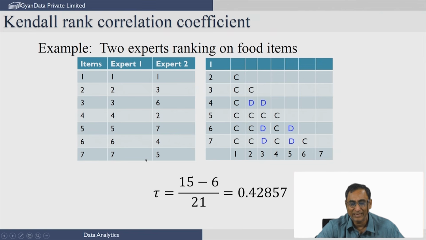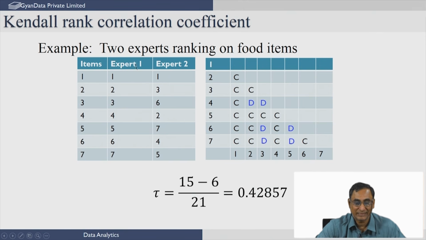Between every pair, n into n minus 1 by 2 pairs you will get, and we have classified all of these pairs as either concordant or discordant, and we find there are 6 discordant pairs and 15 concordant pairs, and we can compute the Kendall's tau coefficient. Basically this says that if it is high, then there is broad agreement between the two experts.